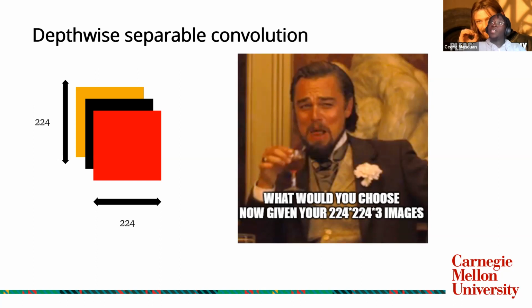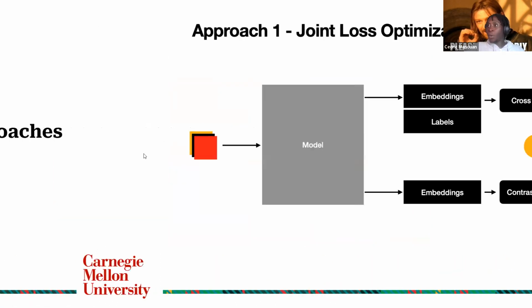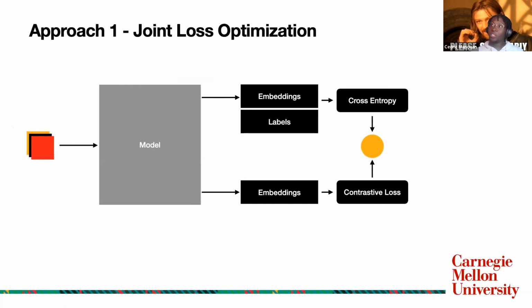And I think yesterday we discussed such architectures, namely MobileNet, ConvNext, that use those convolution layers. So we now have a discussion around how you design your networks for both classification and verification.